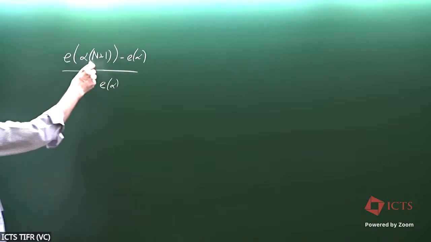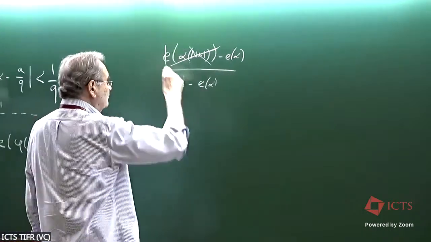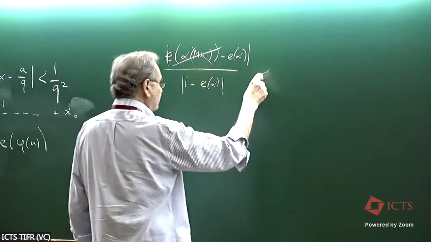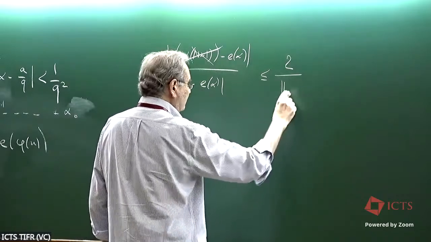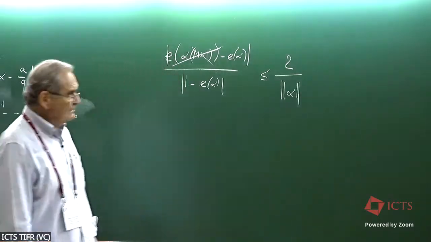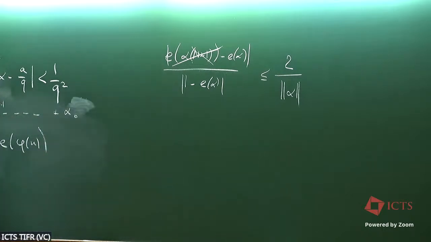So the numerator, you have no difficulty. This is at most 2. And this is essentially the distance of alpha to the nearest integer. Maybe there is a factor of 2 that cancels out with the other one, but in any case, it is the order of magnitude. Okay?